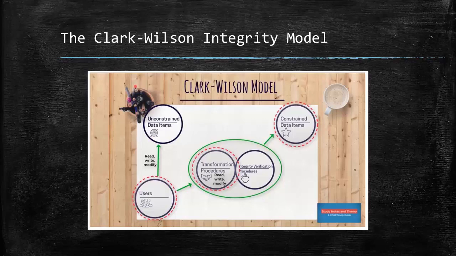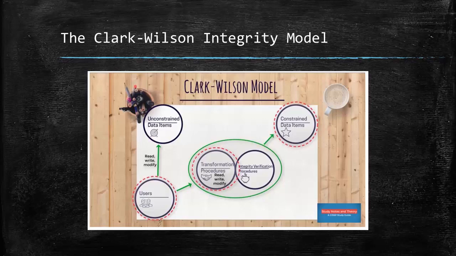With respect to constrained data items, the subject or user is not able to directly read, write, or modify the constrained data item. They must pass through a middleman, which in this case is the transformation procedures as well as the integrity verification procedure.